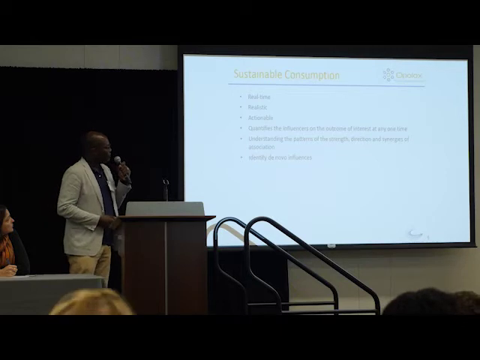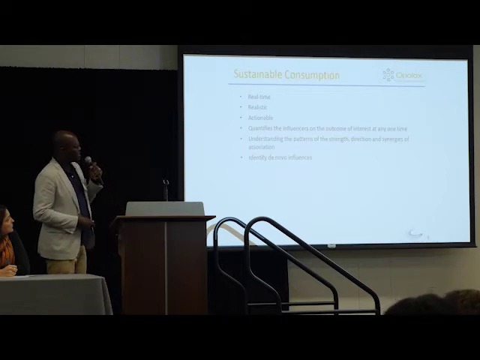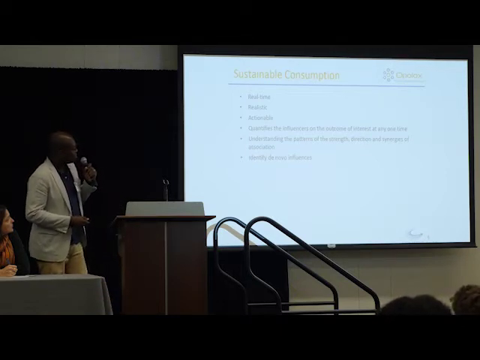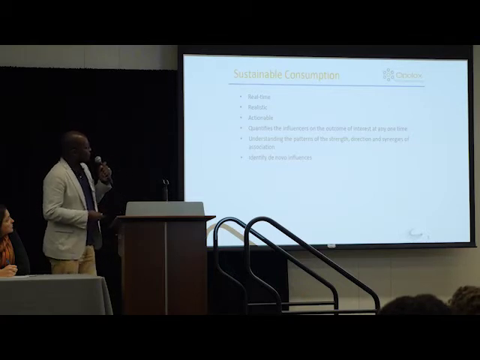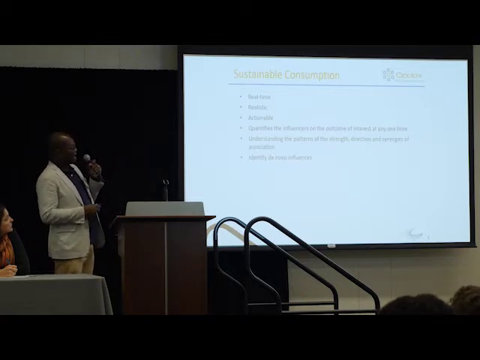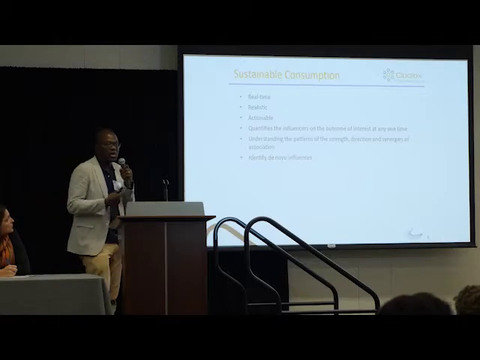So from a data analytics and feedback loop perspective, the benefit is that it provides real-time, realistic, actionable, on-the-ground, granular data. It's not high-level macro data, which, yes, is useful, but from a knowledge perspective it doesn't give the granularity to be able to make informed decisions.